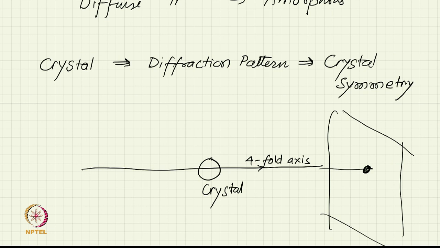So you will have a straight through beam and other beams will organize, let us say, in a squarish fashion having 90-degree rotational symmetry about that. So the whole pattern will also have the fourfold axis. People were happy. Crystals give a sharp diffraction pattern, and from the symmetry of the sharp diffraction pattern you can find the symmetry of the crystal.